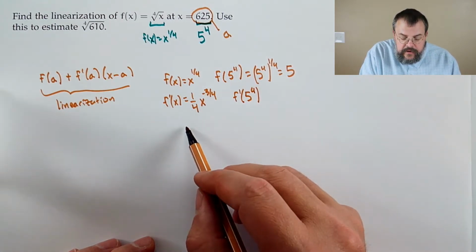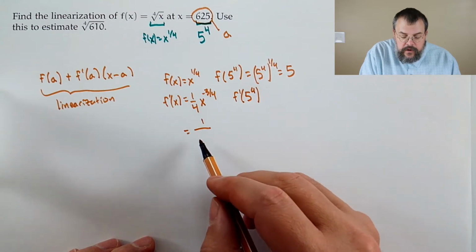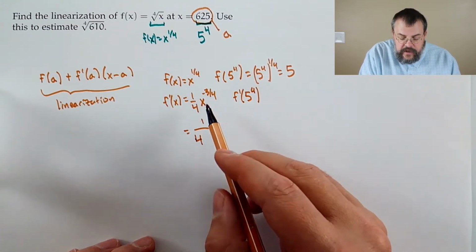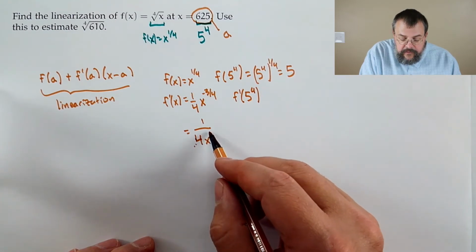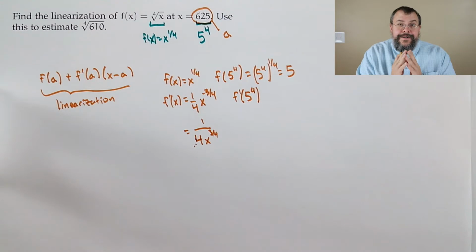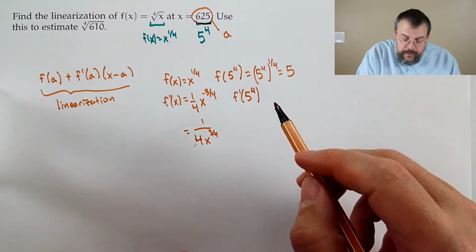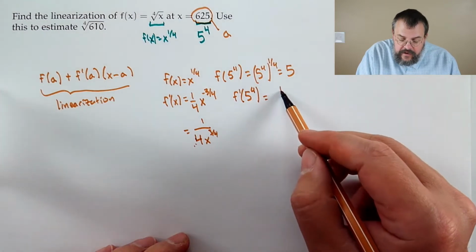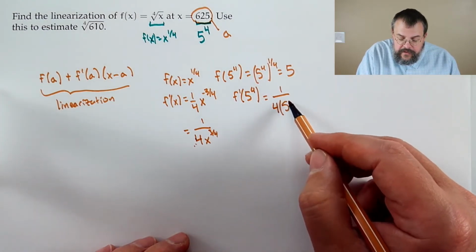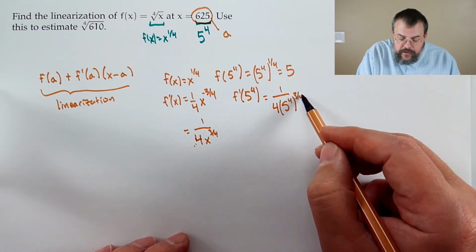Now the negative, that's really 1/4, because the 1/4, that's the 4 downstairs, and then x to the 3/4 power, right? Now, how should we think of x to the 3/4? Because we got to plug this in, right? So this is like 1/4, and then we have 5 to the 4th to the 3/4.